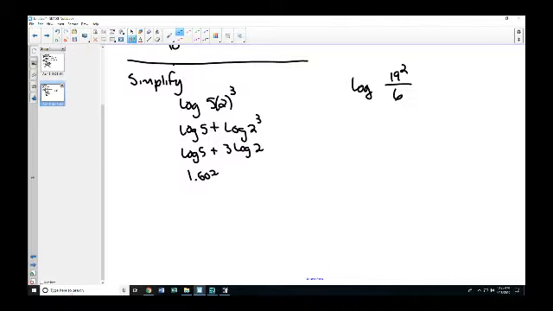Is there an exponent here? So we'll deal with the division first. There's your simplified version, and then if you get the decimal.